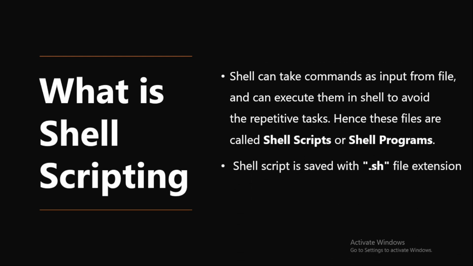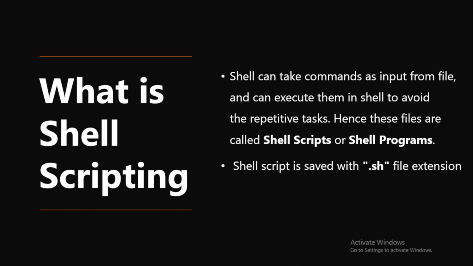Now, a shell script is saved with the .sh file extension. As per the definition, you are about to create a file in order to store the commands of a shell, but it needs to be understood by an interpreter that this file is a shell script. In order to make the interpreter understand it, we store the shell script file with the .sh extension.